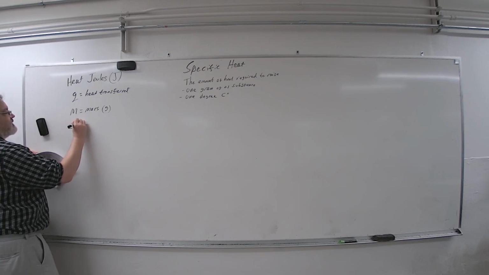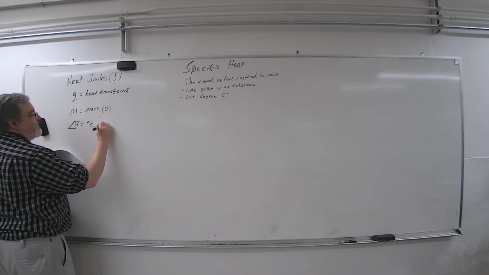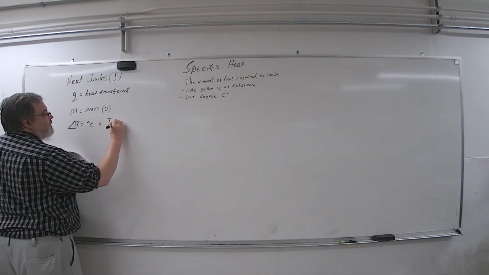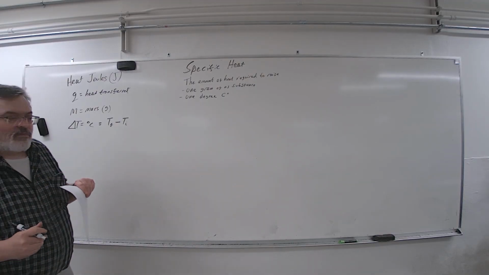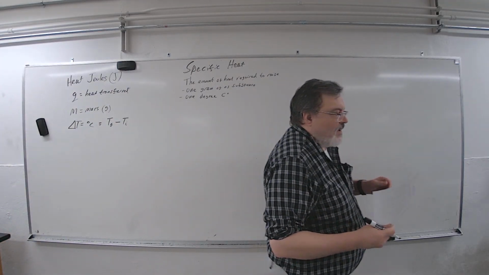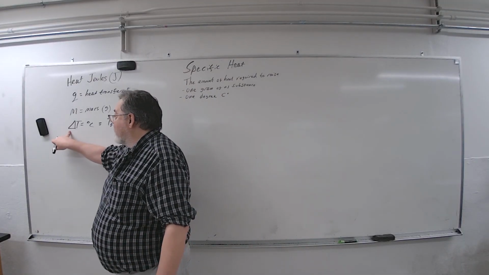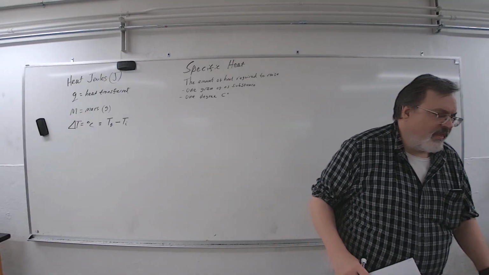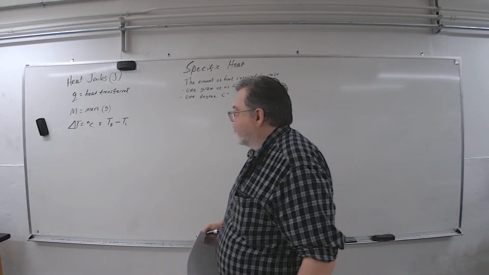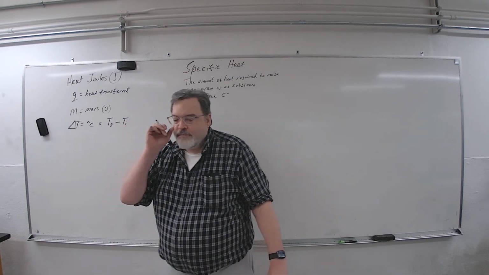And we use a delta T for the degree C, because that really means temperature final minus temperature initial. Whenever you see a delta in science, it's the capital D in the Greek language. I think it's Greek. It's always final minus initial.